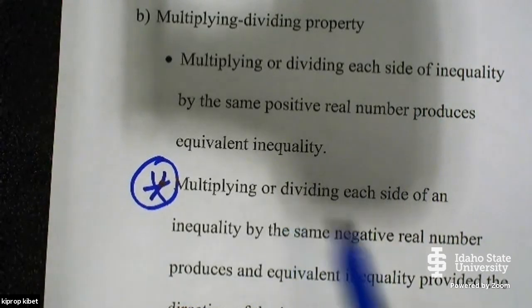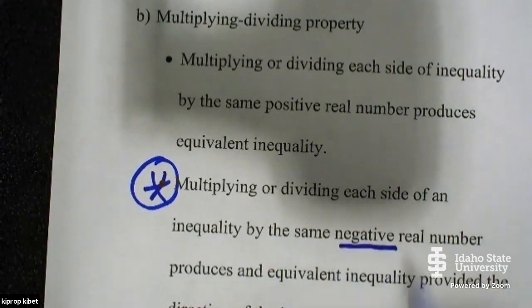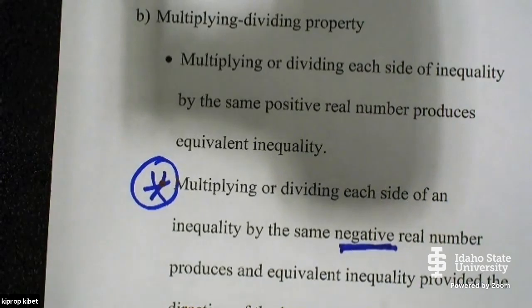Multiplying or dividing each side of an inequality by the same negative real number produces an equivalent inequality, provided the direction of the inequality symbol is what? Reversed. So when you multiply or divide by a negative, you reverse the what?